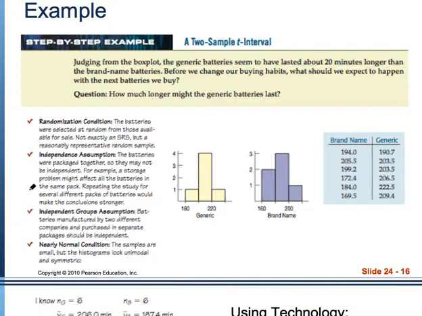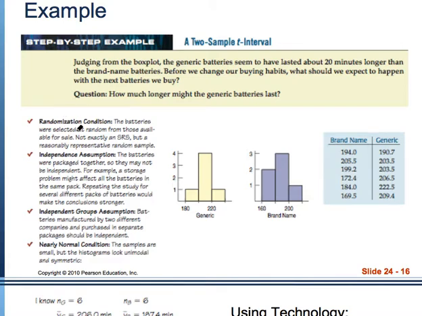The calculations that I'm going to be doing involve the set of data from the brand name and also the set of data from the generic brand. So practice putting the brand name in list 1 and generic in list 2, and that might make all of the work that you need to do a bit easier, because you can do the problem with me. Okay, so back to this.